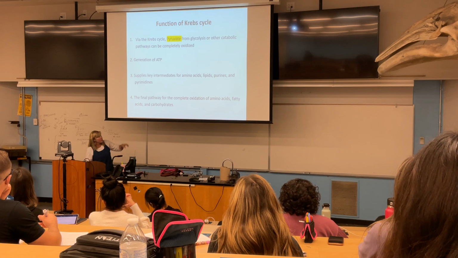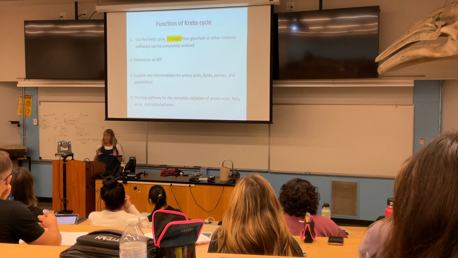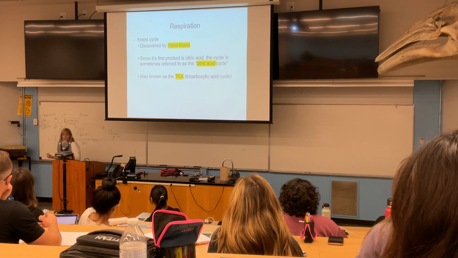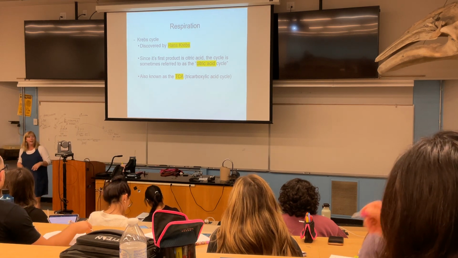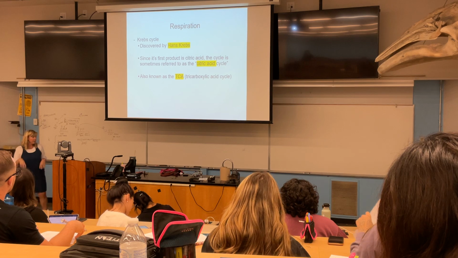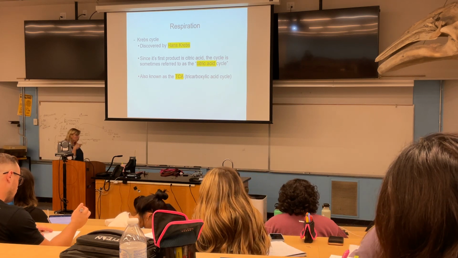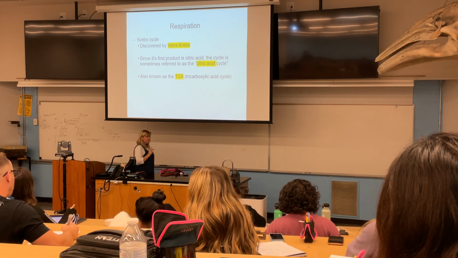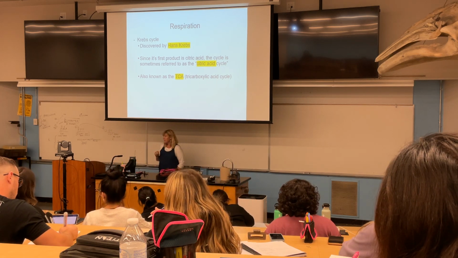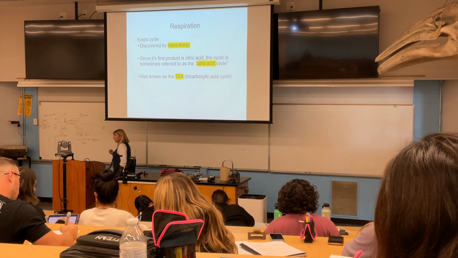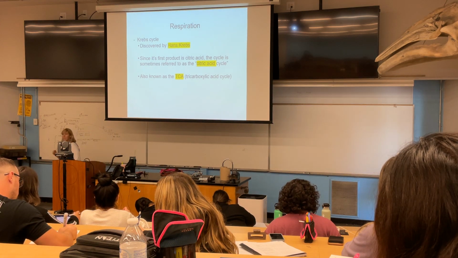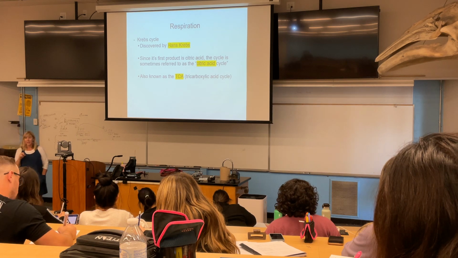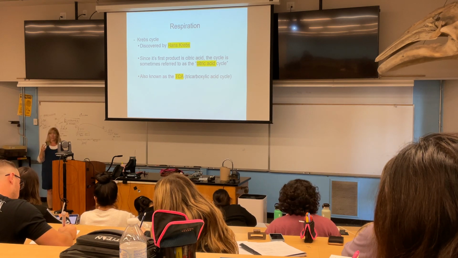Okay, so what's going to happen here in Krebs is we're going to do a lot of rearrangements of our pyruvic acids that have been converted to acetyl-CoA and lipids and anything else that comes in. So Krebs is kind of like a little grinding wheel, so to speak. The thing about the Krebs cycle that amazes me is it was discovered by Hans Krebs, and it was discovered in the late 1800s, early 1900s, which is just incredible to me that they were figuring this stuff out before they even had these high-powered microscopes and all these special ways to do it.